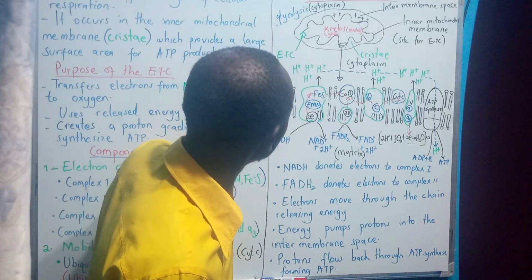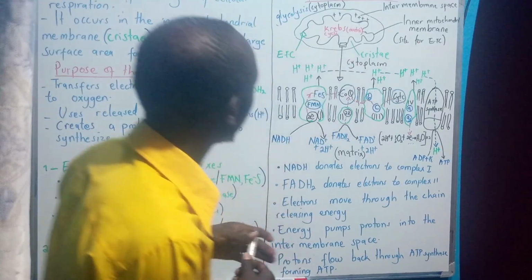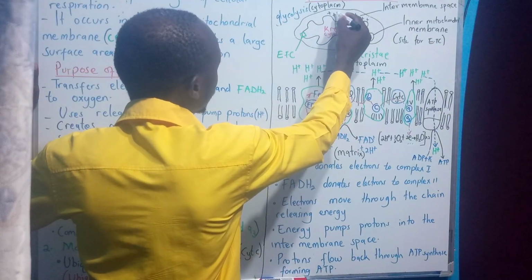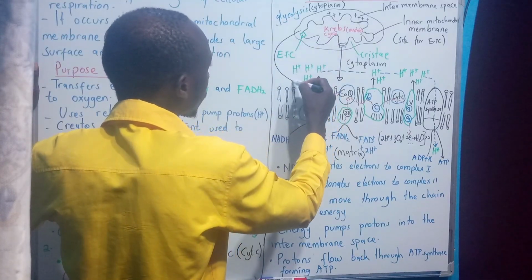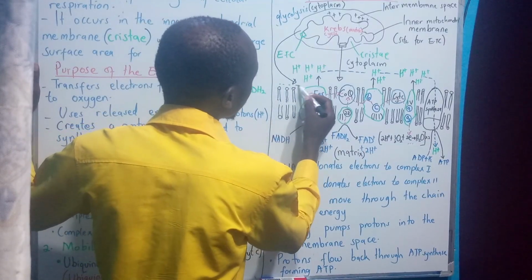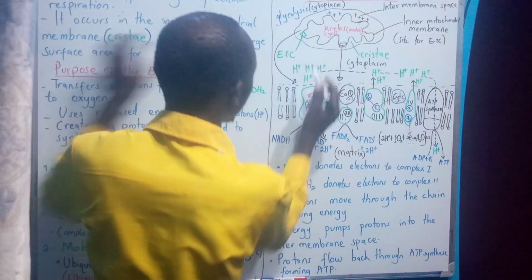Now, if you look at this phospholipid bilayer, this space here, we can call it the intermembrane space.